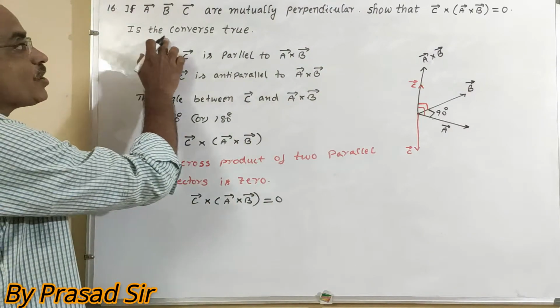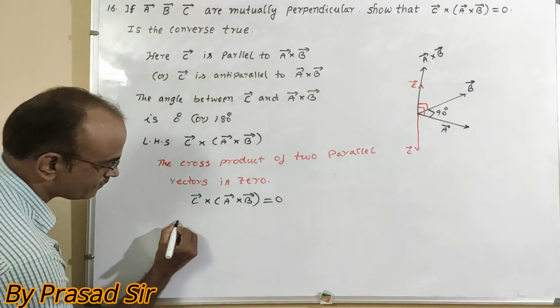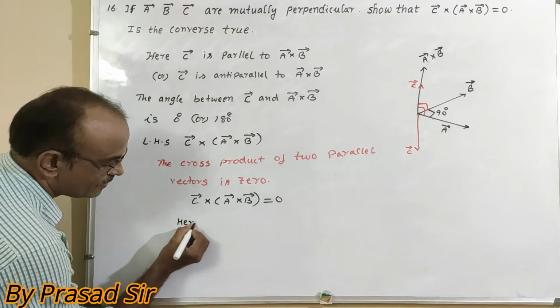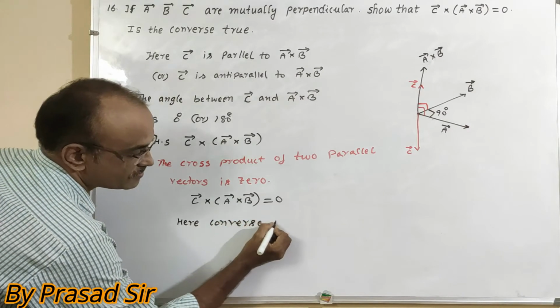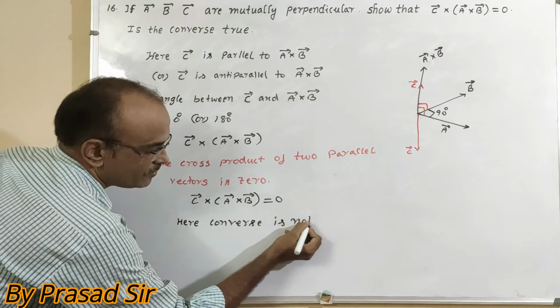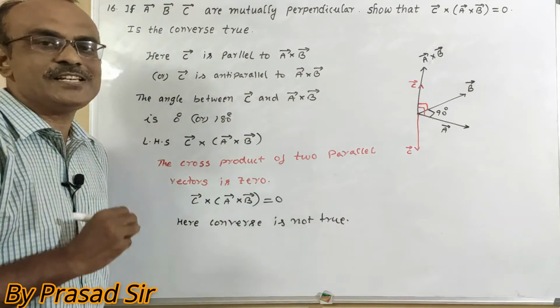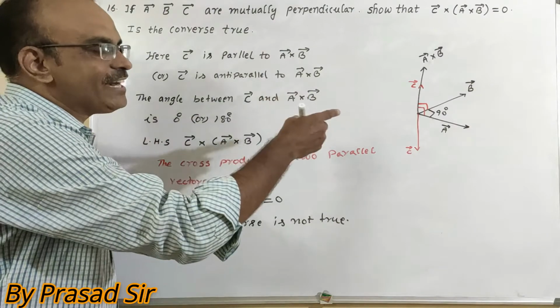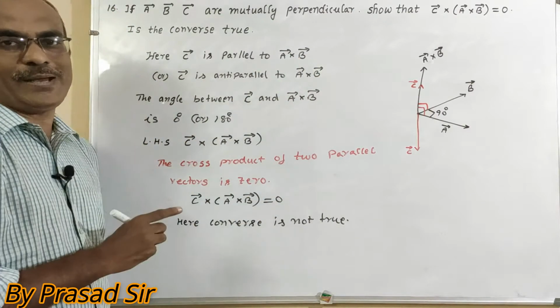But is the converse true? They were asking the question. So that means here converse is not true. Why the converse is not true? All the three vectors A vector, B vector, C vector are mutually perpendicular.